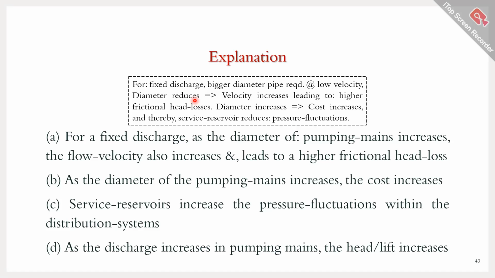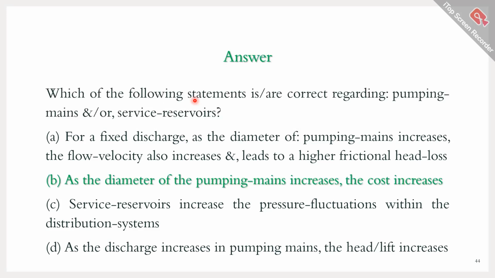Thereby, the cost will increase, and thereby service reservoir reduces the pressure fluctuations. Okay. So option B is the correct option. As the diameter of the pumping main increases, the cost increases. It is the correct statement regarding pumping mains and service reservoirs.